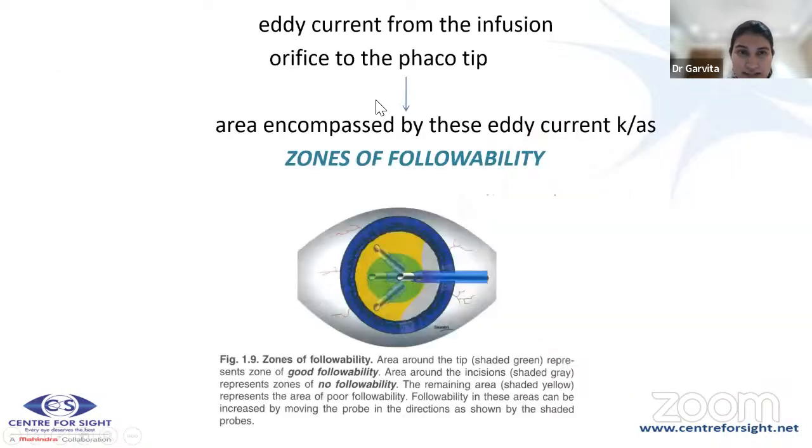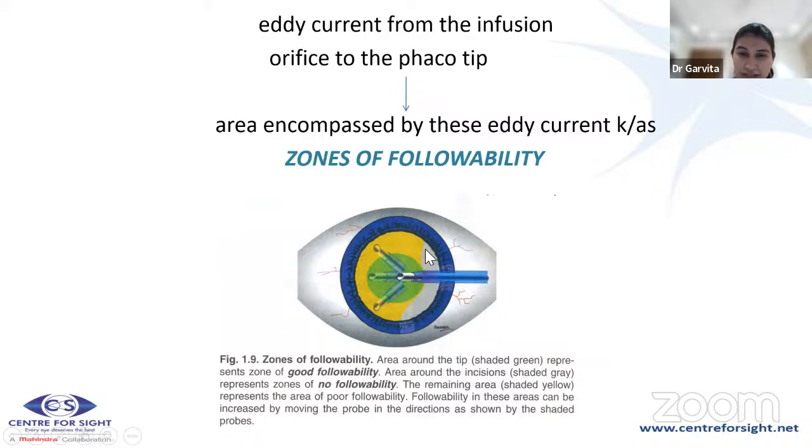As we discussed, the eddy current from the infusion orifice to the phaco tip creates an area encompassed by these eddy currents known as the zone of followability. This is a picture representation of zones of followability. The area around the tip, shaded in green, has good followability, whereas the area around the main incision, shaded gray, has no followability.